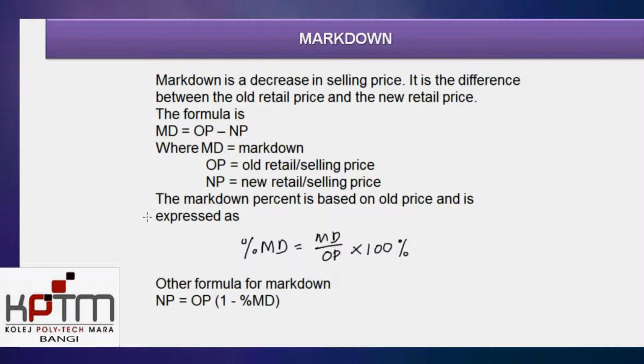The markdown percent is based on old price and is expressed as percent MD equals MD over OP multiplied by 100%. Another formula for markdown is NP equals OP multiplied by 1 minus percent MD.